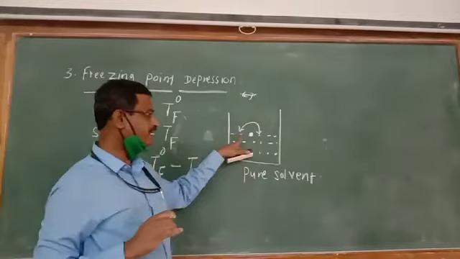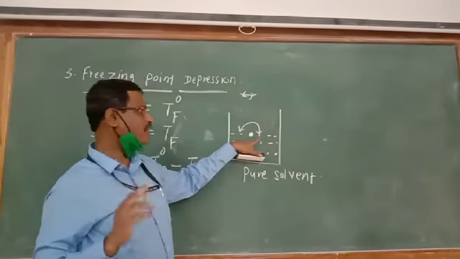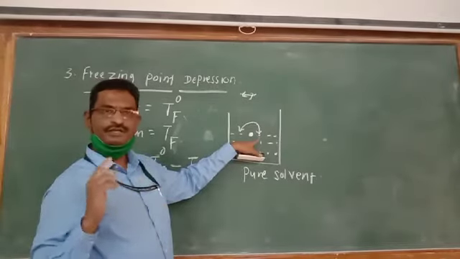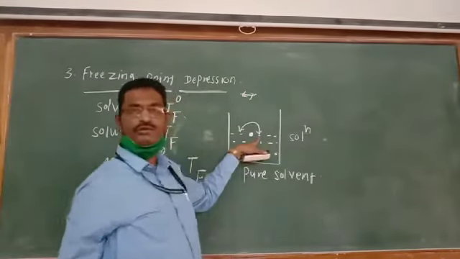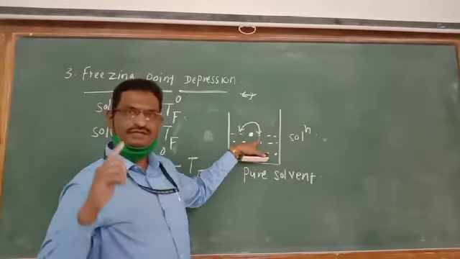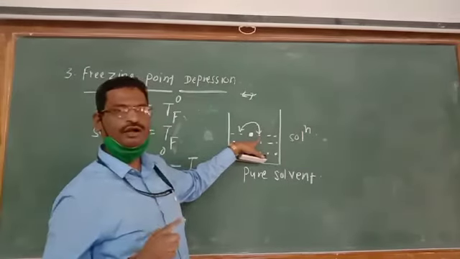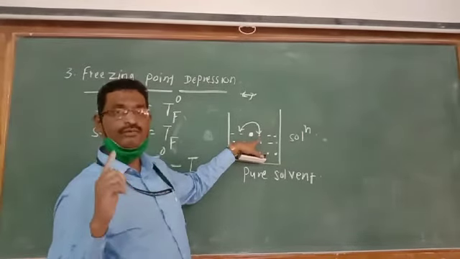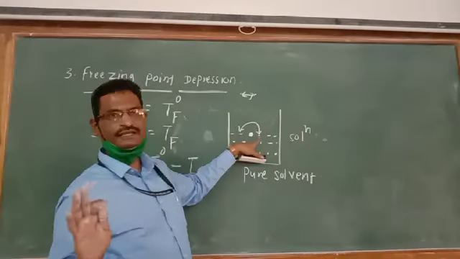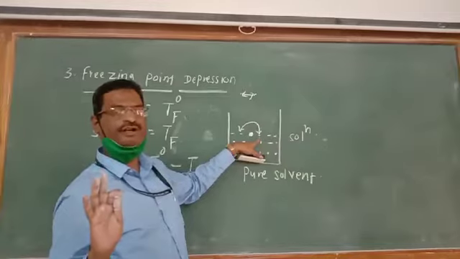As the force of attraction decreases because of increased distance, this solution will require the temperature to be decreased still further in order to convert from liquid state to the solid state. That is why the freezing point depression takes place.